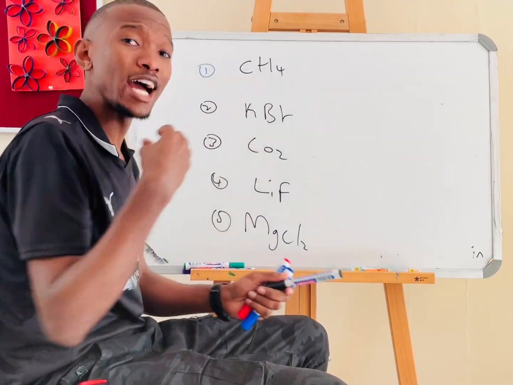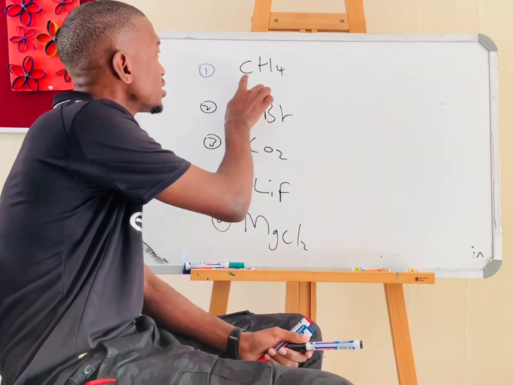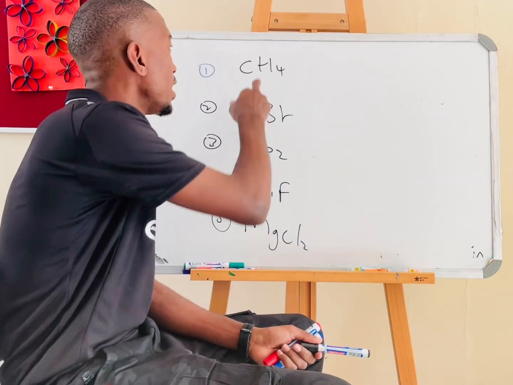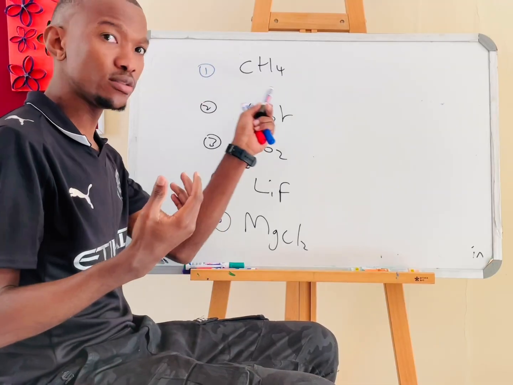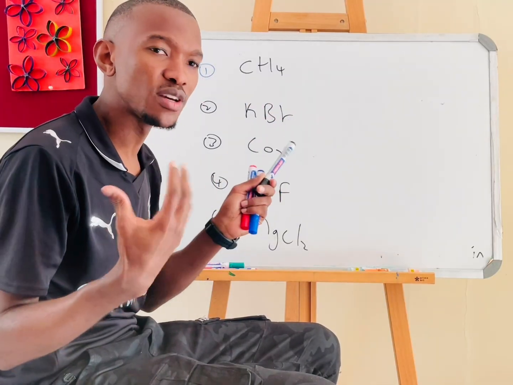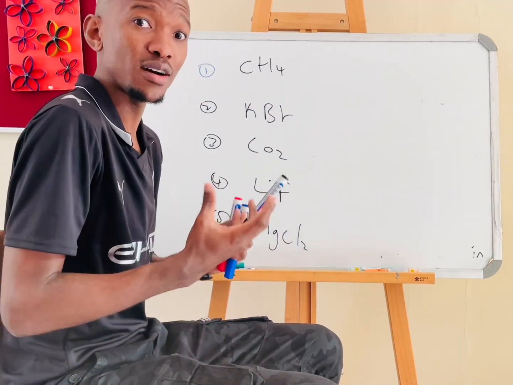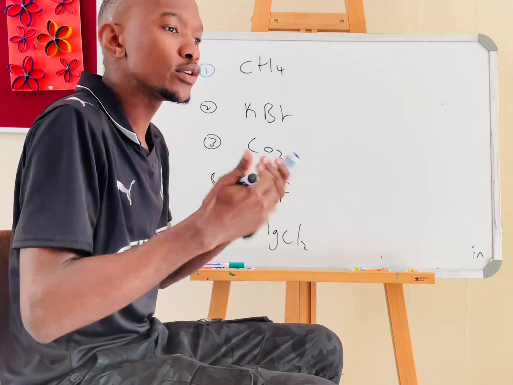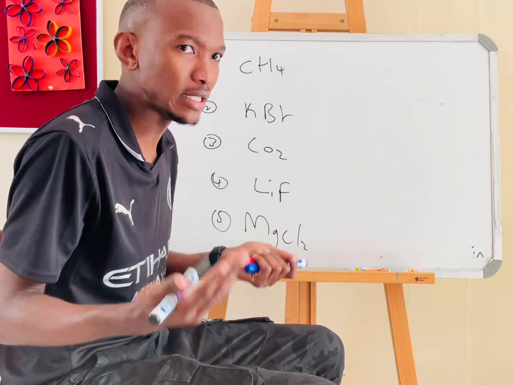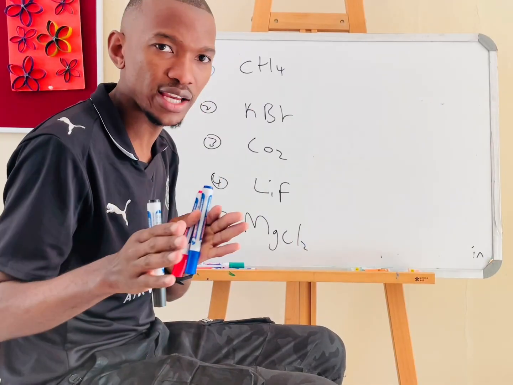Is this one ionic or molecular? C is a non-metal. H is a non-metal. It's a covalent bond. Since it's a covalent bond, we know that we are dealing with a molecular compound, because molecular compounds cannot form ions in a solution. They are like non-electrolytes.